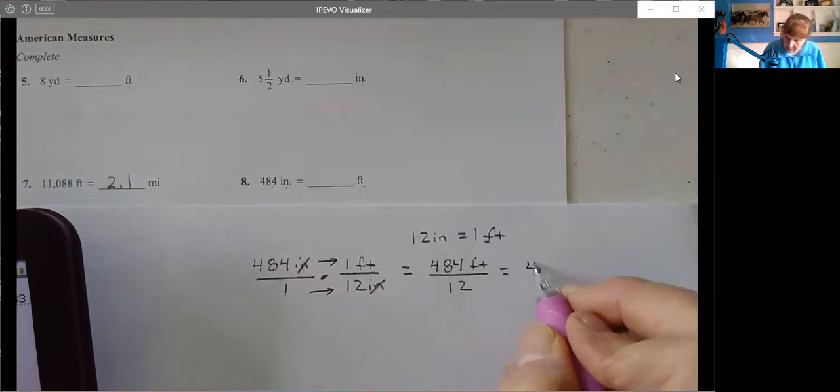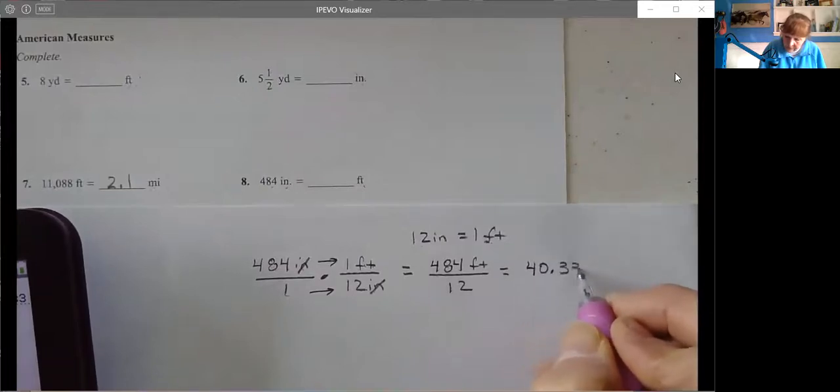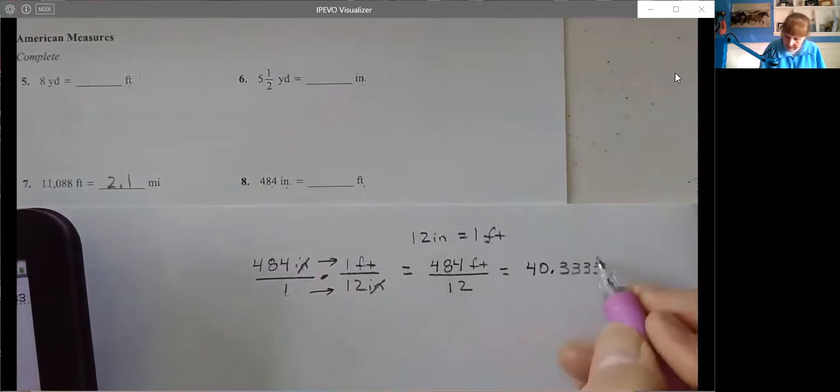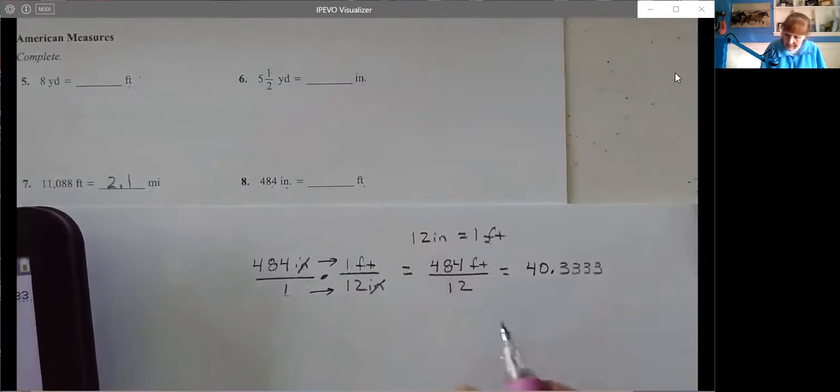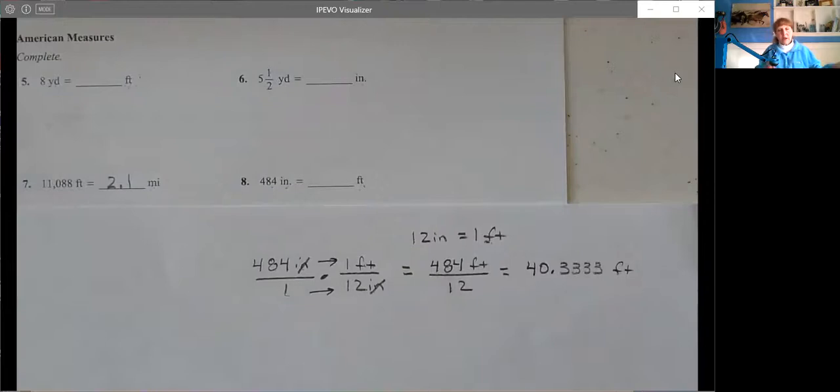This one gives you 40.3333 repeating, and we have feet. Now you're going to have to look at Pearson, and they'll tell you, do you want the 0.33333 written as a fraction? Do they want you to write it as a decimal to the nearest tenth?